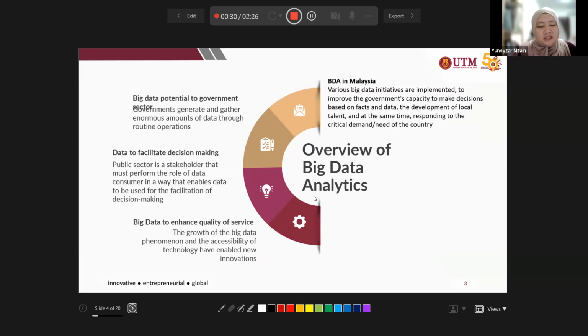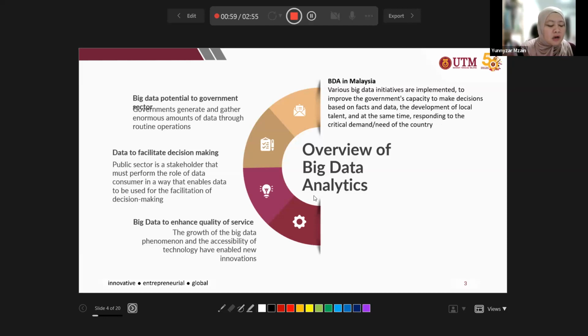Big data's potential advantages for the current economic environment are piquing the interest of the public sector. Big data's potential worth is becoming more and more apparent to the public sector. Accordingly, the public stakeholder must perform the role of data consumer in a way that enables data to be used for the facilitation of decision-making and public policy making, service delivery, organizational management, and innovation.